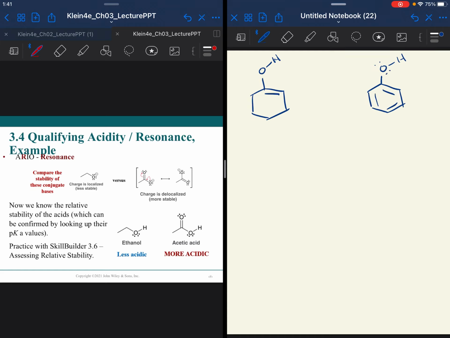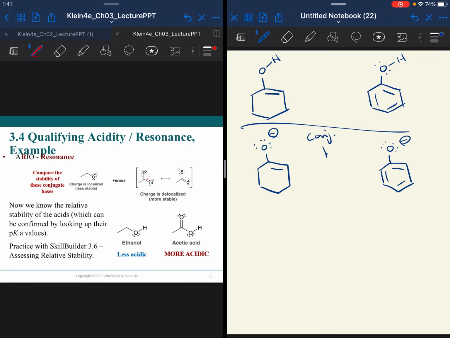Very similar. If we draw the conjugate bases, both of them have the ability to share. Sorry, we'll get that drawn out here. All right, so there's the acids we're comparing, and here's our conjugate bases.